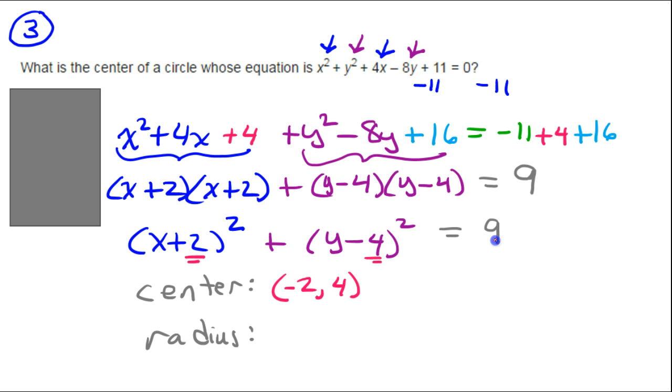And the radius will be the square root of that, because that is r squared. R squared is 9. If you take the square root, then r is 3. So the radius is 3. For this particular problem, they just asked us for the center, and here it is, negative 2, 4.